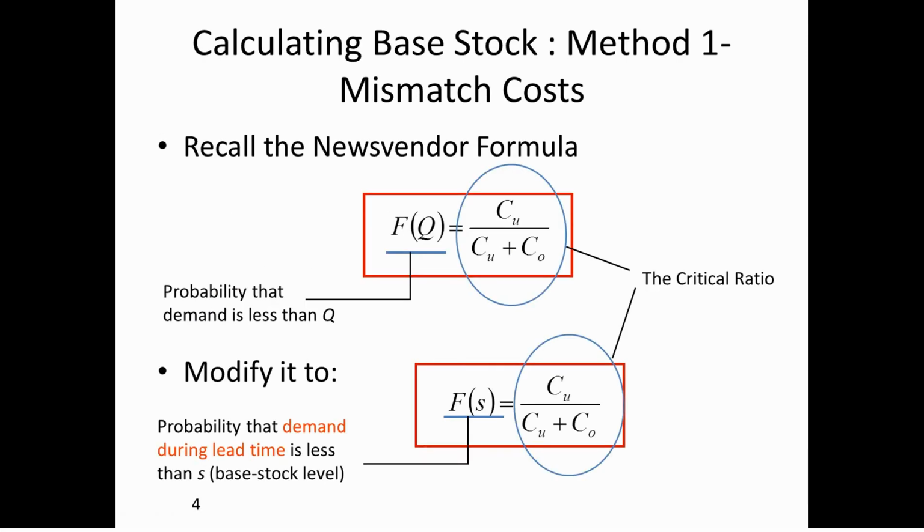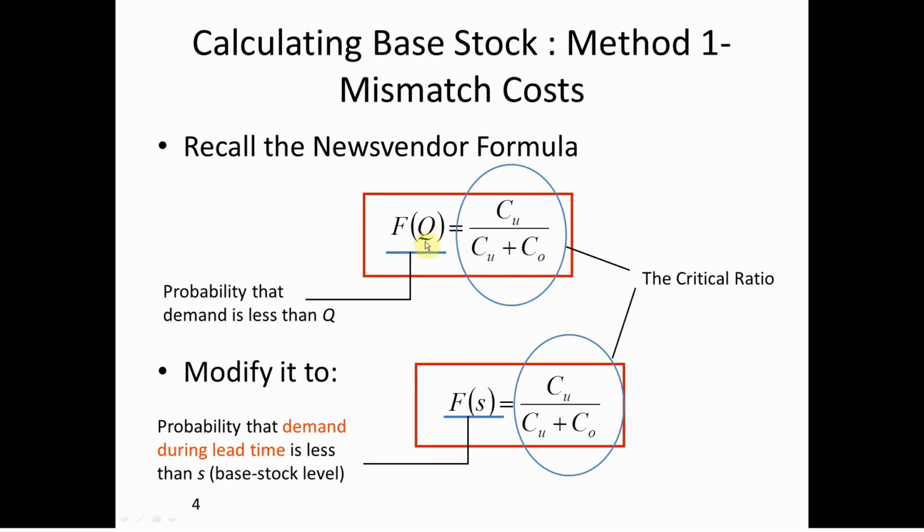So how do you calculate such base stock when you have mismatched stocks? Well, you could do the same thing, except we have our critical ratio for the newsvendor, where we have the optimal quantity Q. In other words, the probability for the optimal amount is equal to the critical ratio, or the underage cost divided by the sum of the underage and the overage costs.